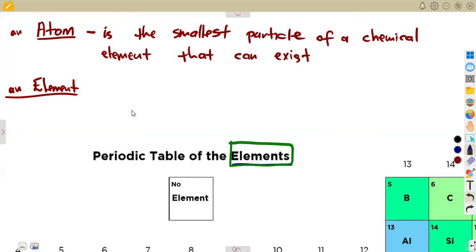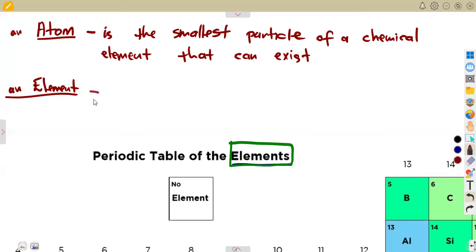Same atom, same type, which is the same kind. If you take the atoms of the same kind together, they build up an element.